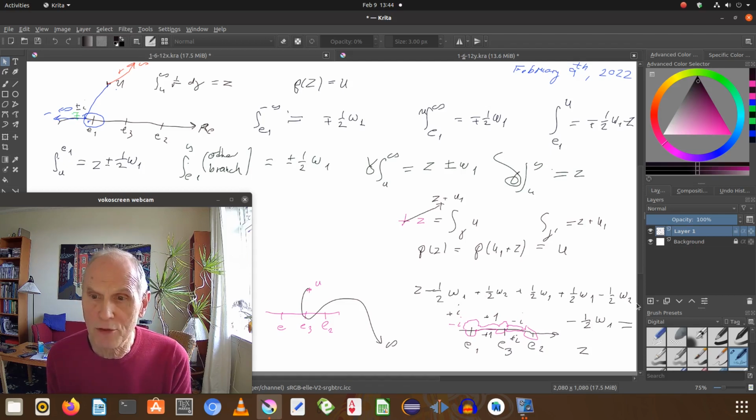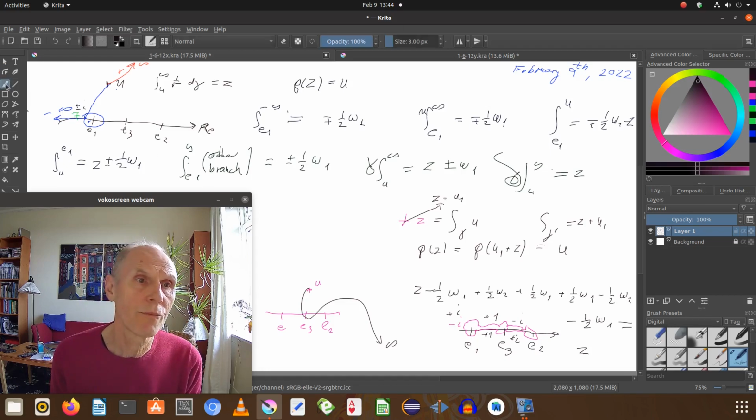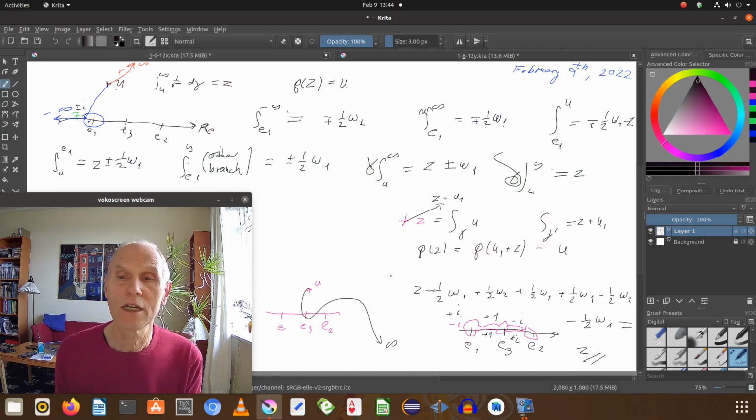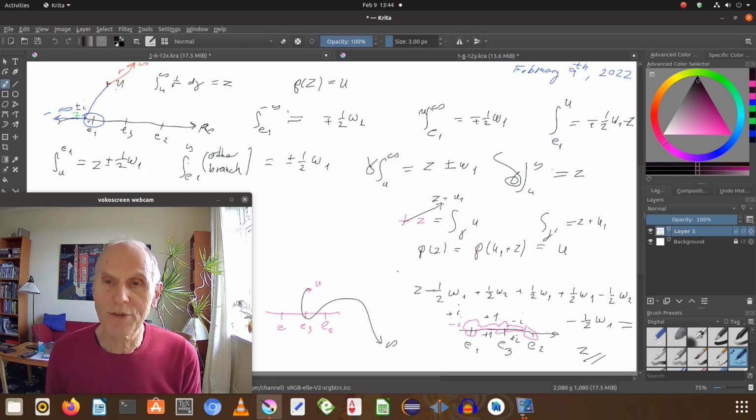Half omega 2, minus half omega 2, cancel. So, going all the way around, all three zeros, going once around infinity, doesn't change the result. So the first claim I think I made, which was that going towards infinity at a different angle, even if you change it by 85 pi, doesn't change the result.